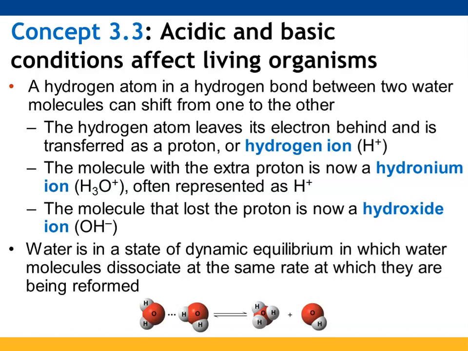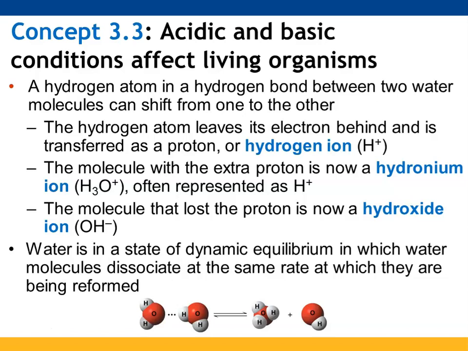And you see a picture down below. So you've got 2 water molecules. Water is considered to be an amphiprotic substance. It can act as both an acid and as a base. And that's what you're seeing in the picture below, because that's the only way you could get both the H3O plus and the OH minus.